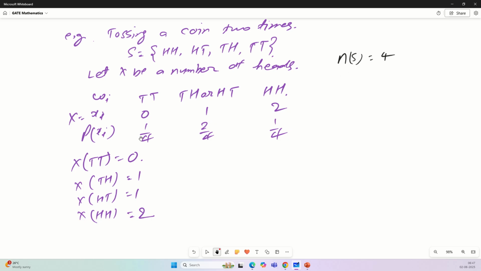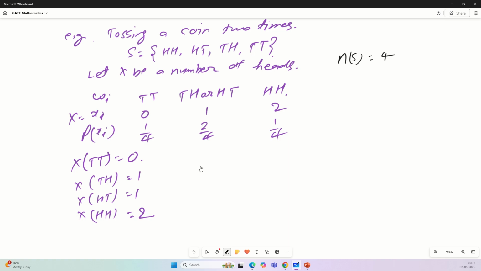So 0 appears one time, that is 1 by 4, then 2 by 4, then 1 by 4. So X takes the values 0 times, 1 time, 2 times. Since these two are the same, that's the reason it is 2 times.